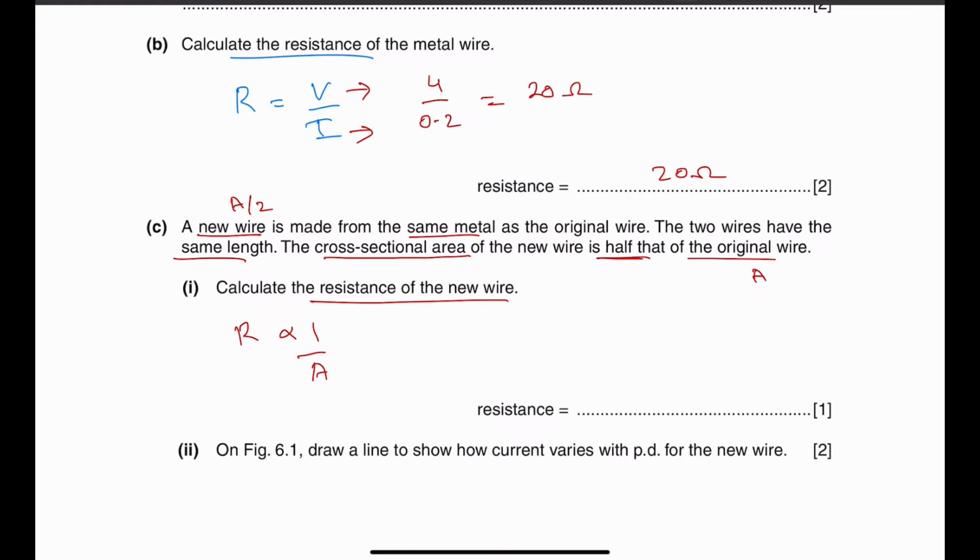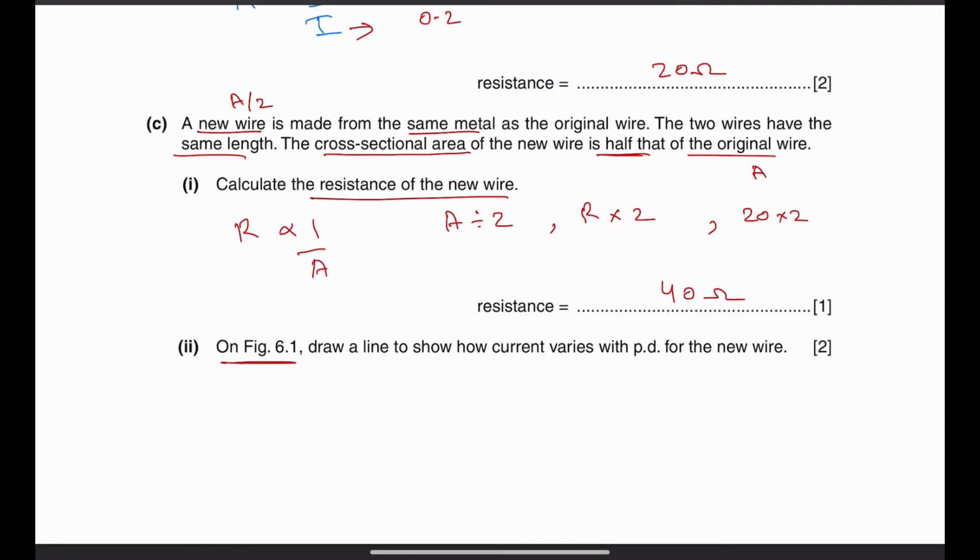If area is divided by 10, the resistance is going to increase 10 times. It's that simple. So right now the area has been divided by 2. Therefore the original value of R must be multiplied by 2, which basically means that 20 ohms was the original value, so if you multiply that by 2, what you get is 40 ohms. Pretty straightforward. Area was halved, so the resistance is doubled.